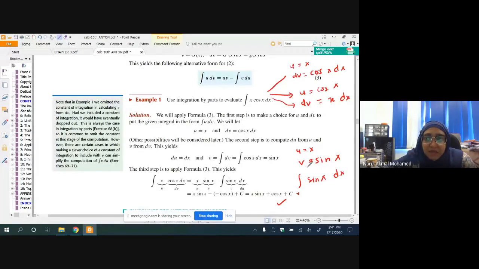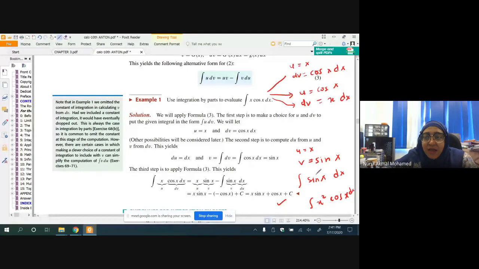If somehow, using integration by parts, the integral of v du gives you a more complicated integral, like the integral of x squared cos x dx, compared with the original integral x cos x, you find this integral much more complicated than the original one.